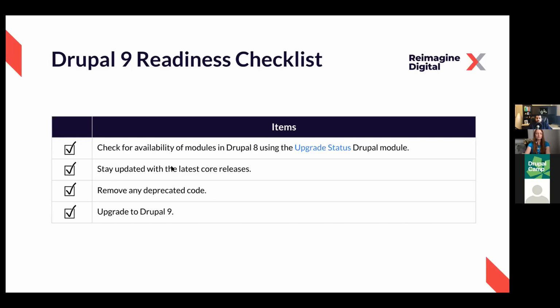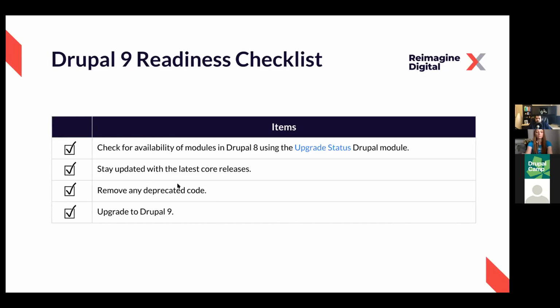Also, you need to stay updated with the latest core version. So if you are on any version of Drupal 8, like Drupal 8.6, Drupal 8.8, whatever the version you are on, you will need to upgrade to the latest version, which is 8.9.x.